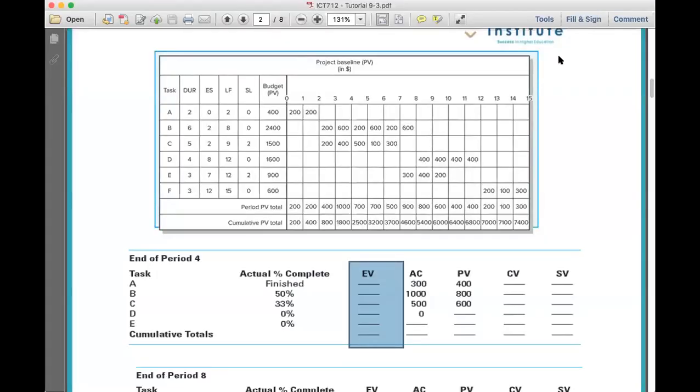All right, guys, are we finished with the third question? You need to report for period number 4 and period number 8.